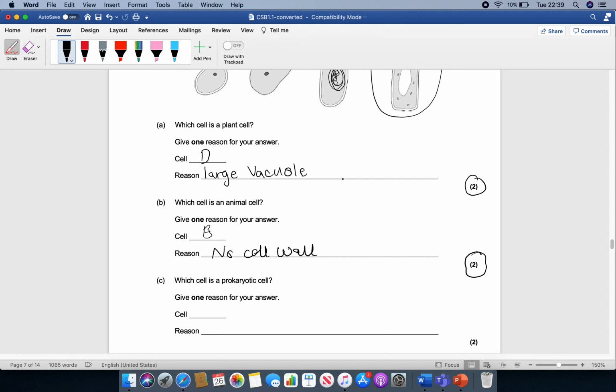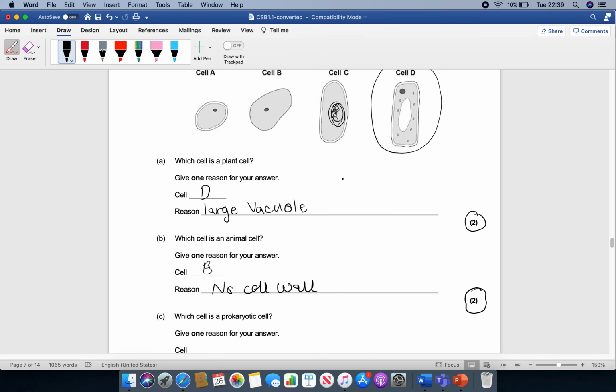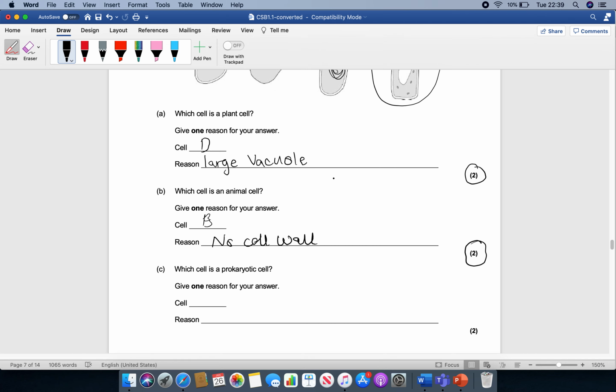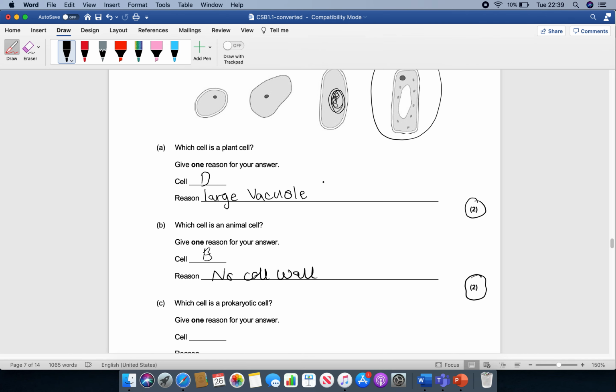Which one is a prokaryotic cell? Give one reason for your answer. We've just discussed this. Eukaryotic cells have the genetic material inside the nucleus. So this is going to be cell C, because the genetic material is not held within the nucleus.